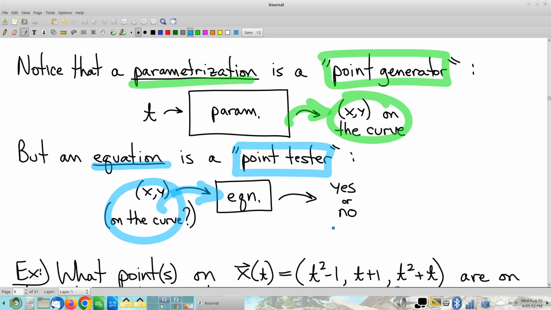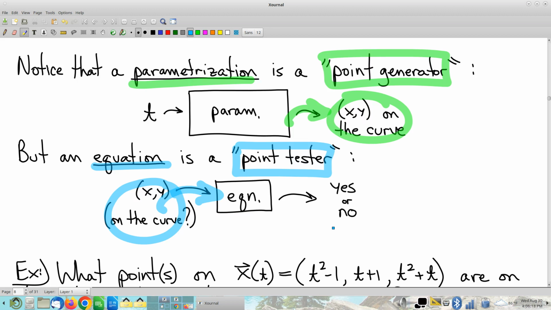Now, one of the reasons I mentioned this is to explain a quibble that I have. Some books will refer to a parameterization as parametric equations. And it really bugs me because, really importantly, these are different things. Why would we use the same word in reference to two importantly different things?